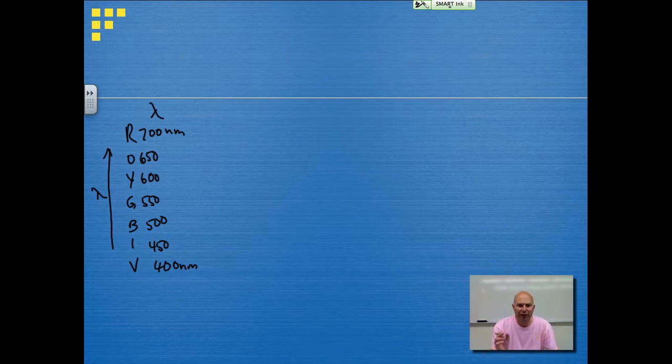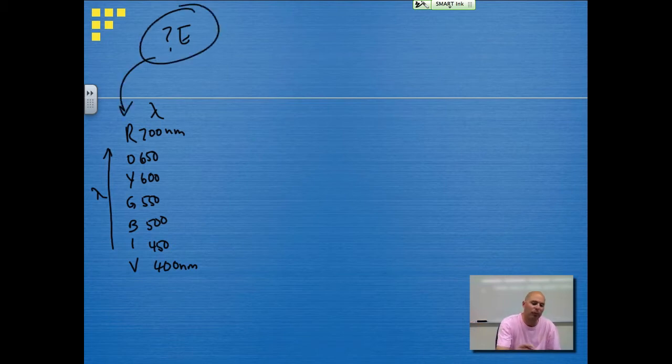So if you're given a specific color of a wave, then you can determine what the energy is just from what color it is.